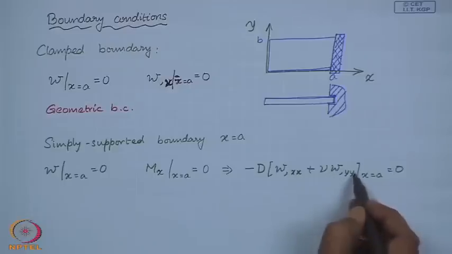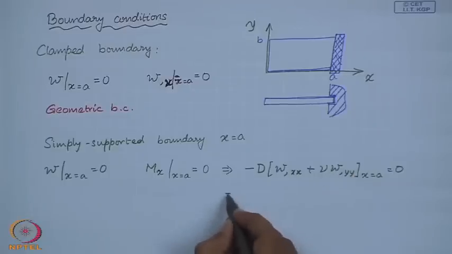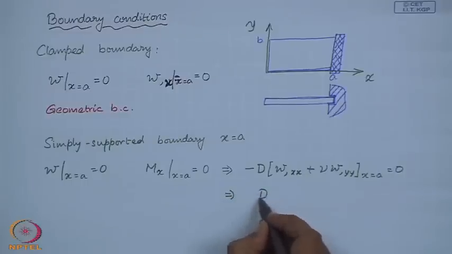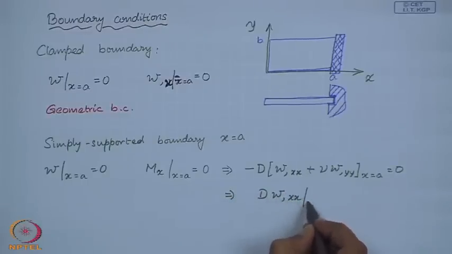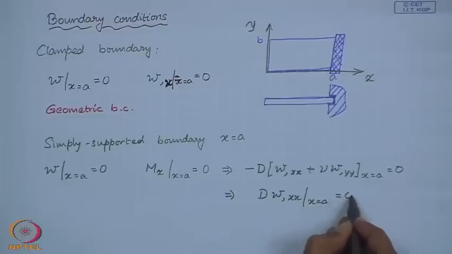So, this term is also 0. So, this will imply, now this is a natural boundary condition.